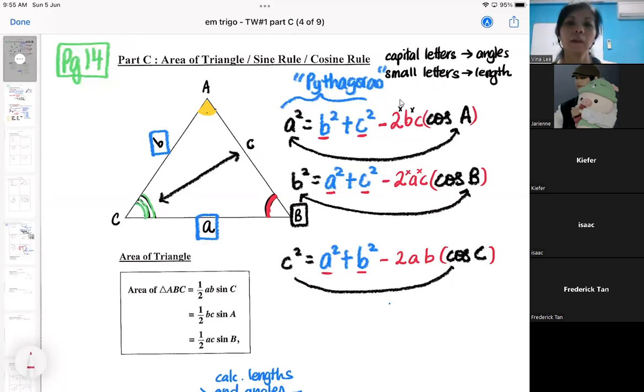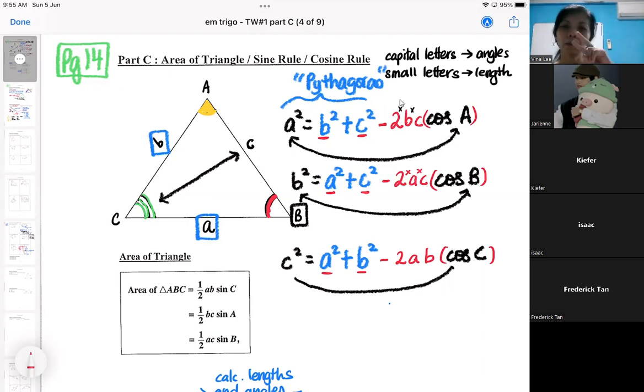So that is the cosine rule. The cosine rule will help you to calculate length and angle. Some students will be confused when these two formulas are mixed during the exam. When do I use sine rule? When do I use cosine rule? There is a specific way, but I usually use arrows.